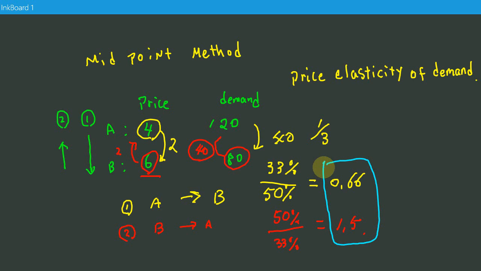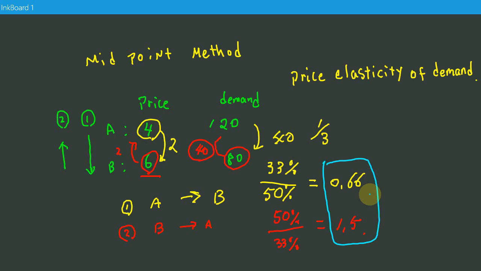Then this time, let's use the midpoint. What can happen next? We'll go to the next page and see that. Once we use the midpoint, we divide by the average, by the mid. What is the mid of this one?